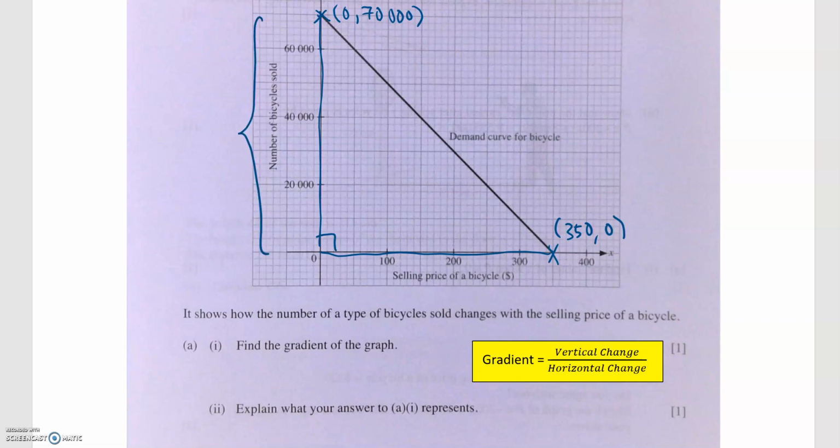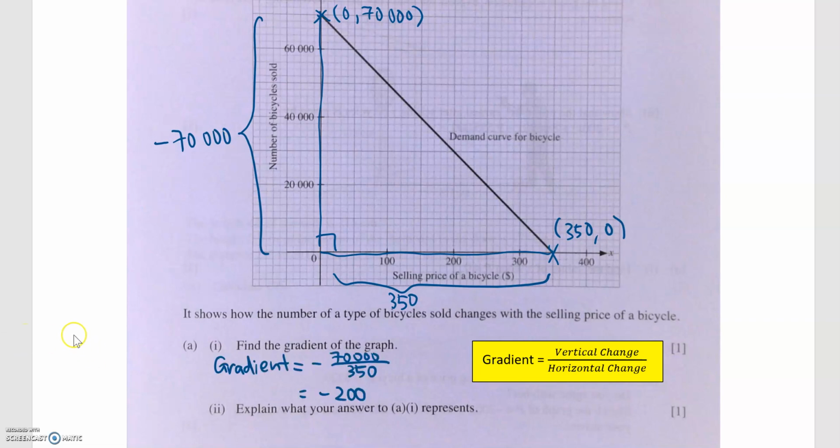So the vertical change actually went from 70,000 to 0. So it's negative 70,000. The horizontal change is actually 350. So I'll be able to find the gradient of the graph. The gradient is thus negative 200.